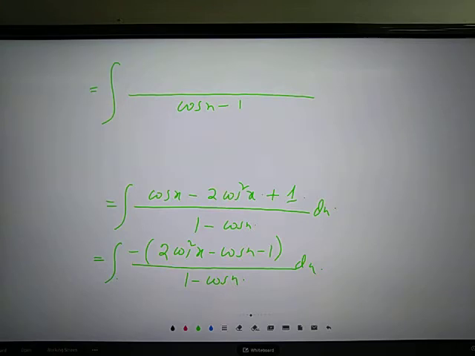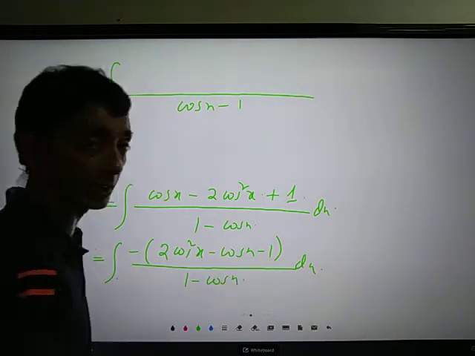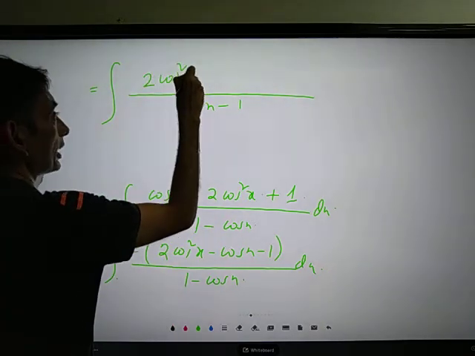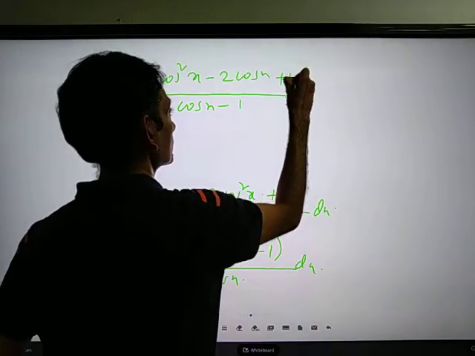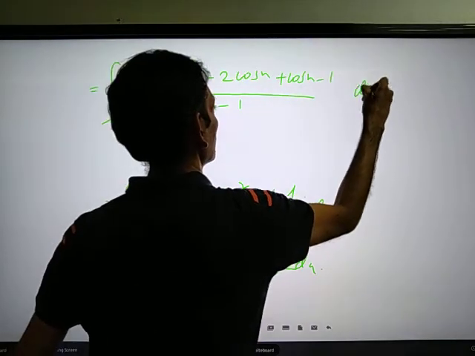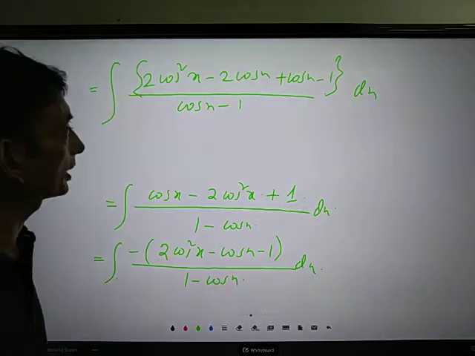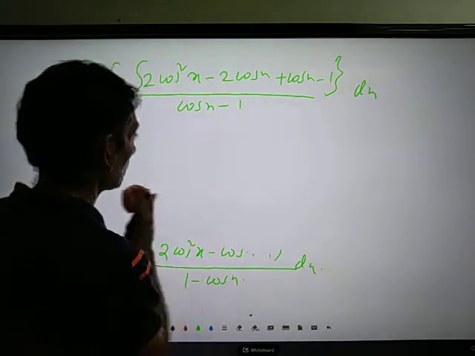The expression 2 cos square x minus cos x minus 1 we can factorize as 2 cos square x minus 2 cos x plus cos x minus 1. In fact, you can write these steps directly to save time in the exam. Now what are the next steps?